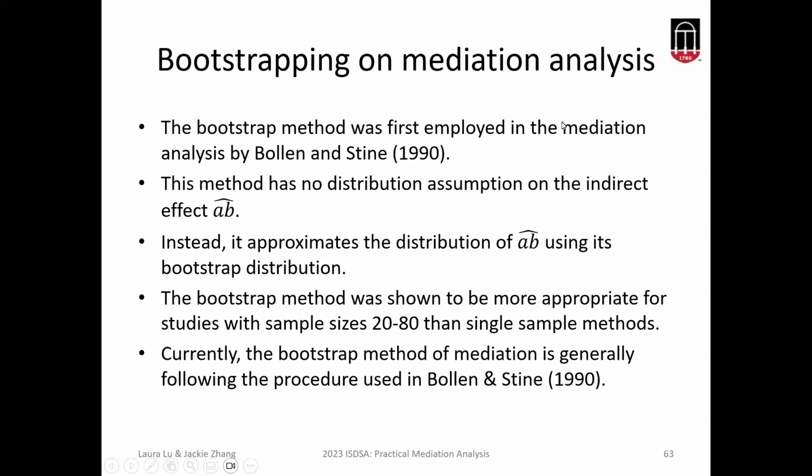The bootstrap method was first employed in mediation analysis by Bollen and Stine in 1990. This method does not assume any distribution for the indirect effect A times B, because bootstrapping is very flexible. For any kind of very weird distribution, it will produce a bootstrapping distribution that gives you a relatively normal distribution.